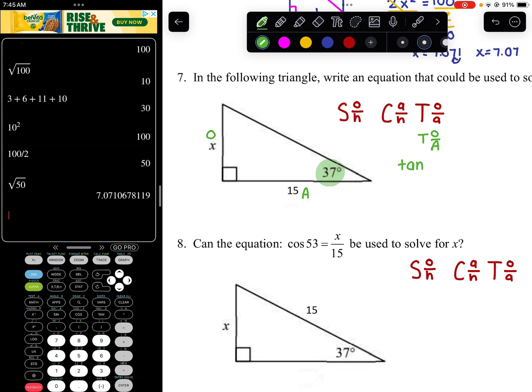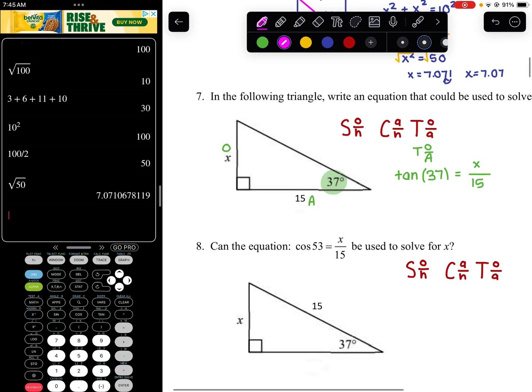TOA tells us that we are setting up the tangent of, inside of our parentheses goes our angle. Instead of O, we're filling in our opposite side with x. Instead of A, we're filling in our adjacent side with 15. Do you remember what we did in the last problem? We got rid of our denominator by multiplying on both sides. And we're going to go ahead and rewrite that left side as 15 times the tangent of 37.